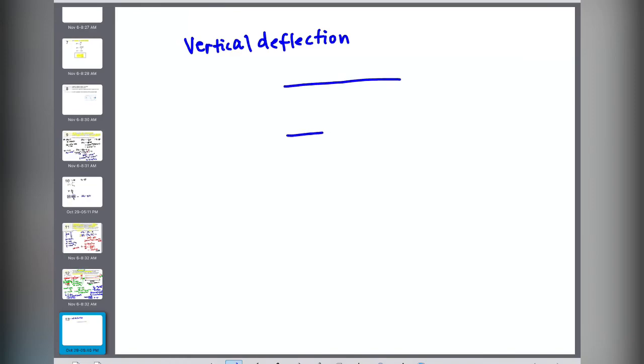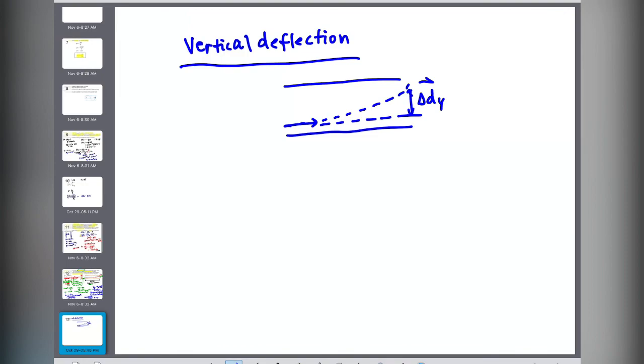If I have this plate and the electrons start here and go in a curve, the vertical deflection is from the original point, how far did it go? So if they ask for vertical deflection, they're asking for the delta d along the y. That could be the twist to the question.